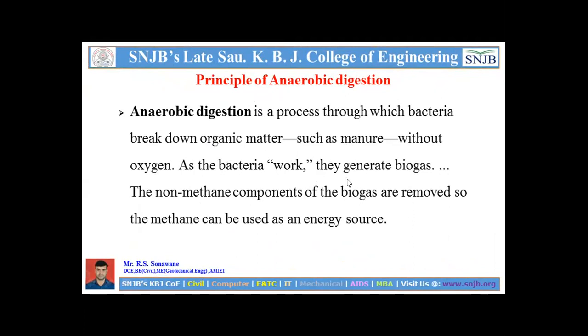As bacteria work, they generate biogas. The non-methane components of the biogas are removed, so the methane can be used as an energy source.